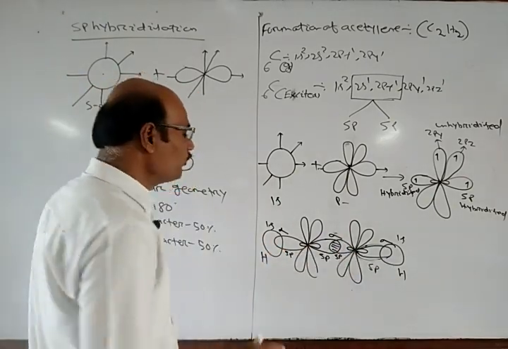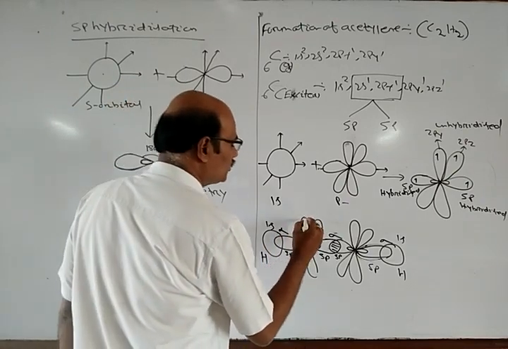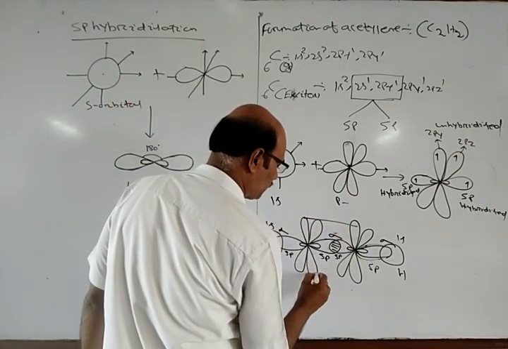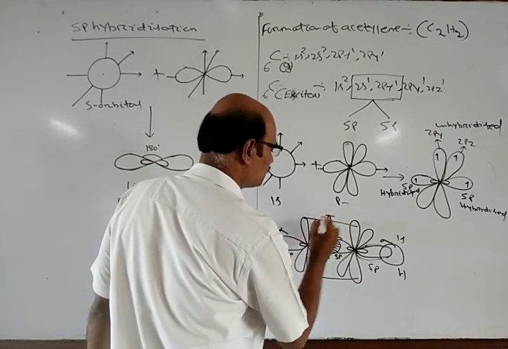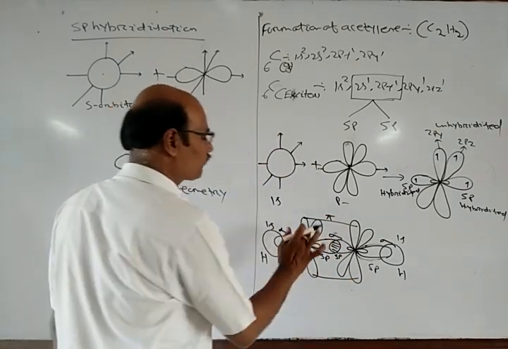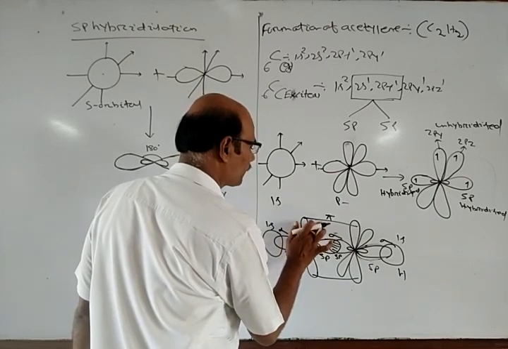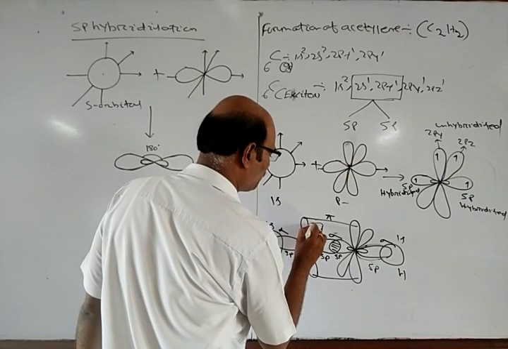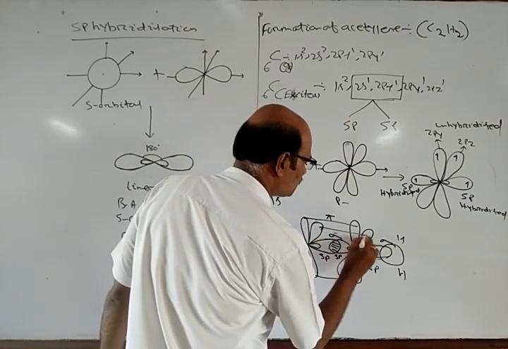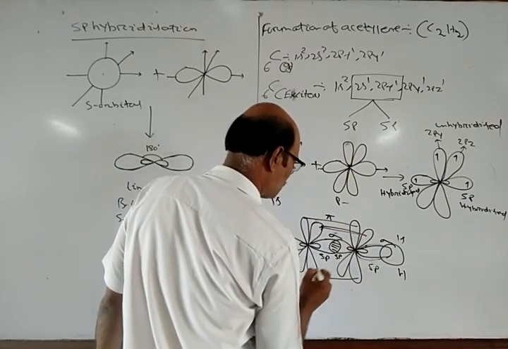Now, we have the 2py here. So 2py and 2py form a pi bond. And 2pz and 2pz again form another pi bond.